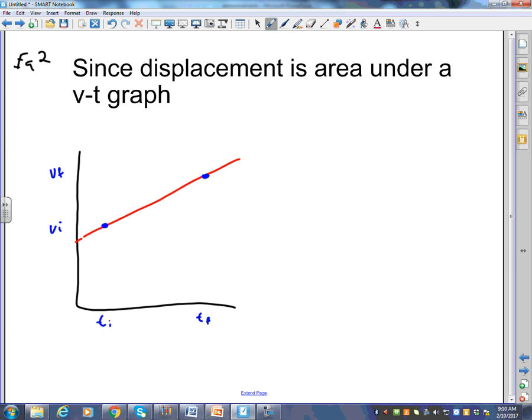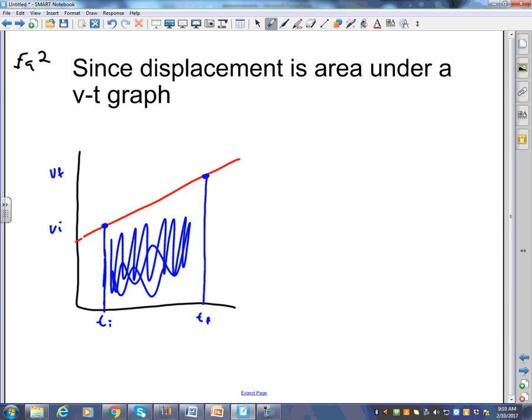Remember, what we're doing here is trying to come up with a formula. So the area that I'm talking about is that shape there, right? That area right there.